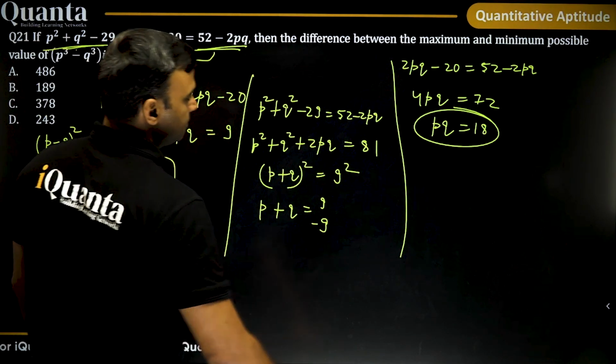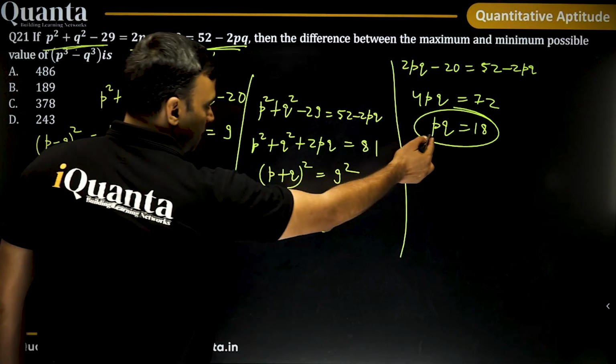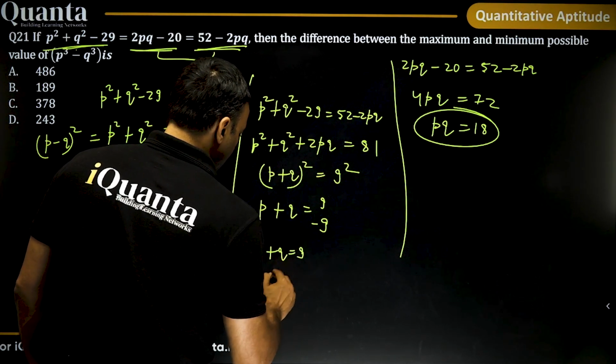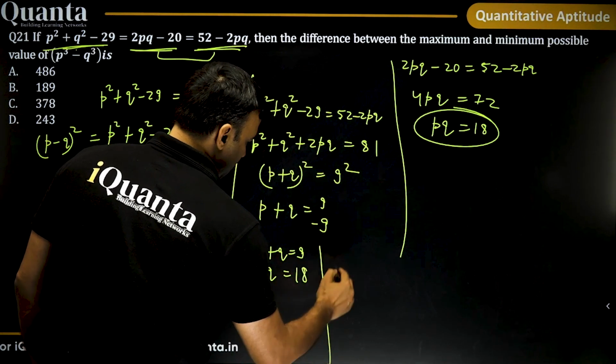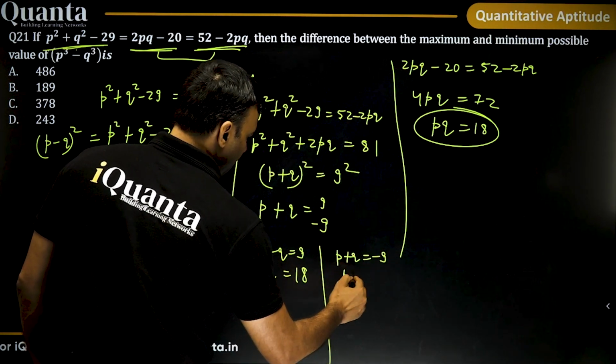But at the same time, we also have pq is equal to 18. P into q is equal to 18. So what are the possible situations? If you combine with pq equal to 18, if I take p plus q equal to 9 and pq equal to 18, we'll get one possible solution. Similarly, if I take p plus q is equal to minus 9 and pq is equal to 18.